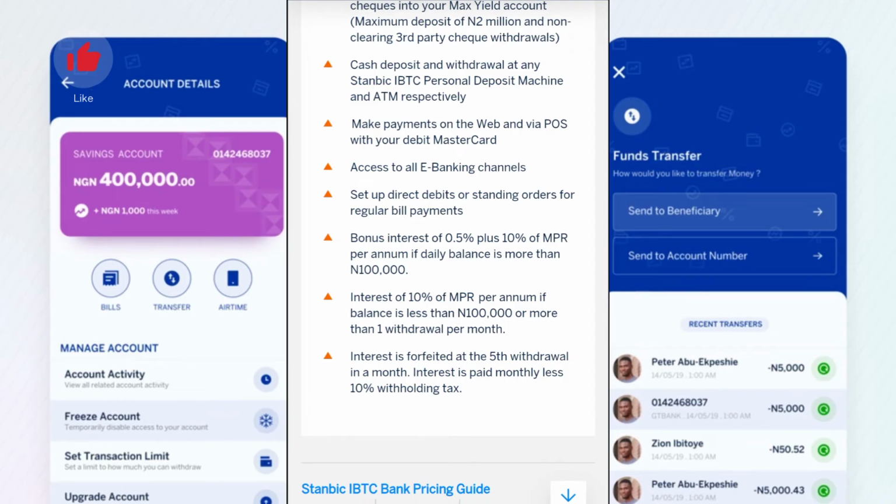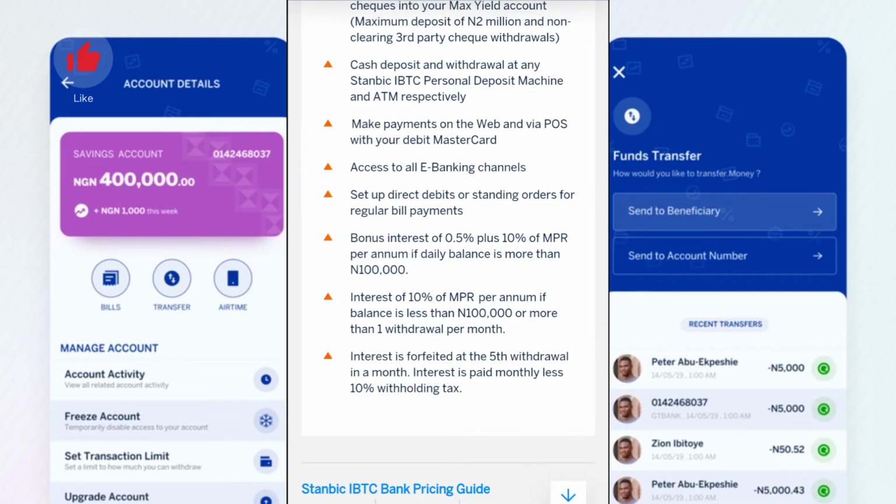All right, now the next bonus is that you have a bonus interest of 0.5% plus 10% of MPR per annum if daily balance is more than 100,000 naira. Now what does this mean?